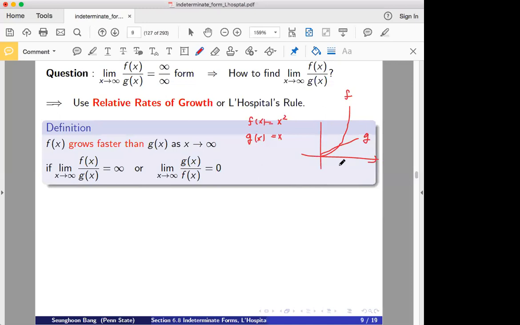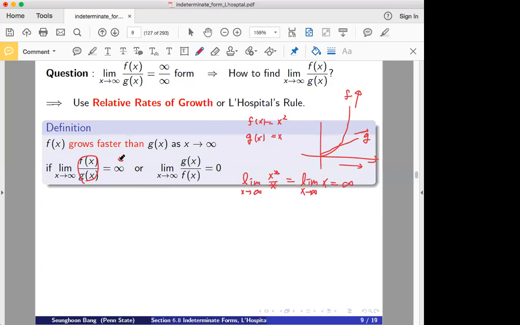As the x value approaches infinity, f of x is going to infinity faster than g of x, very fast. The limit as x approaches infinity of f of x over g of x is x squared over x, x crossed out, so just x. The answer is infinity.